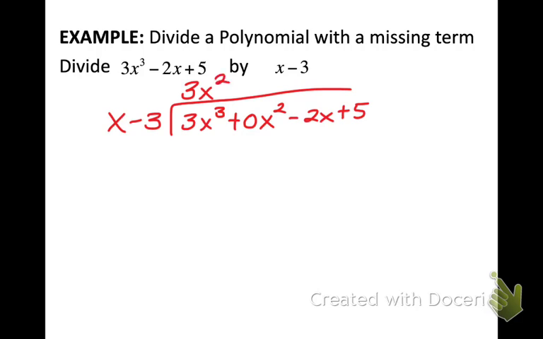Multiplying that through gets us 3x cubed minus 9x squared. If I didn't put that 0 there, use your imagination and envision this, the minus 2x would be directly above it, if this 0x squared wasn't there. And I can't combine minus 2x and a minus 9x squared because they're not like terms.